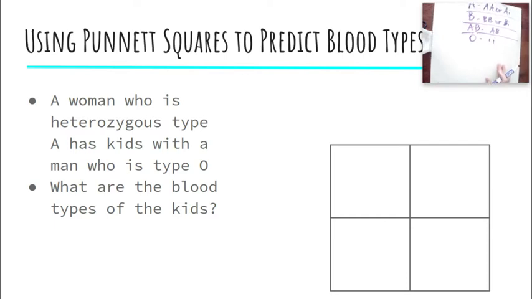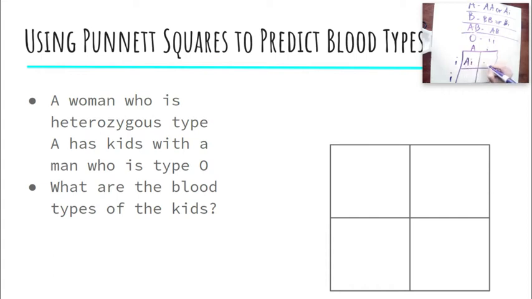Now the problem: a woman who is heterozygous for A has kids with a man who is O blood type. If she's heterozygous for A, I'm going to use the genotype big A, little i, and the father is little i, little i. What are the blood types of the kids?